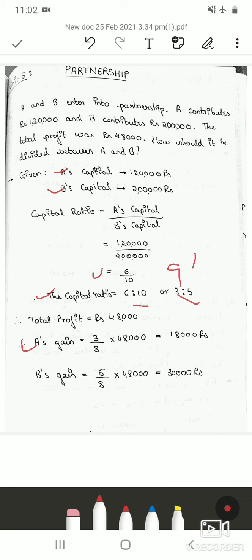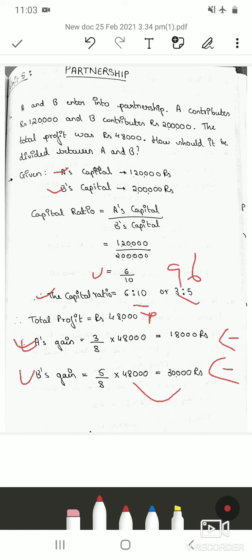So this is A, this is B, and this is your amount to be distributed. So using the formula, it is A by A plus B into P for A's share and B by A plus B into P for B's share. So 3 by 8 into 48,000 is 18,000 rupees, which is A's share in the profit, and B's gain will be 5 by 8 into 48,000, which is 30,000 rupees.